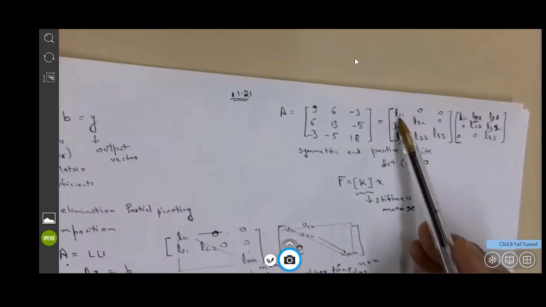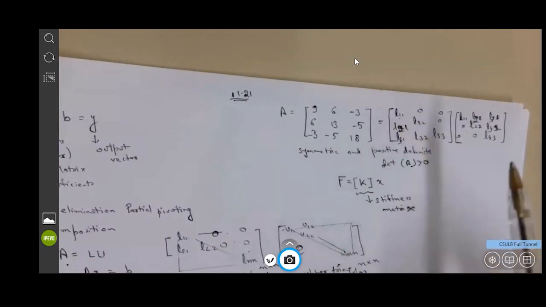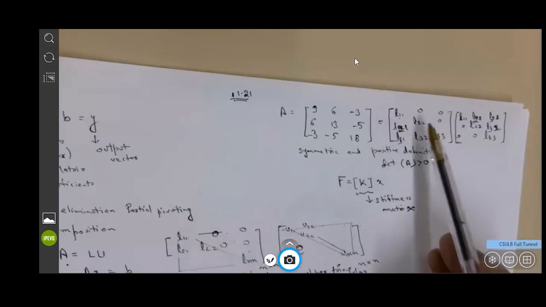The first index is the row and the second index is the column. So L11 means first row, first column entry; L21 means second row, first column entry; then third row, first column entry, 3,2, 3,3, likewise.